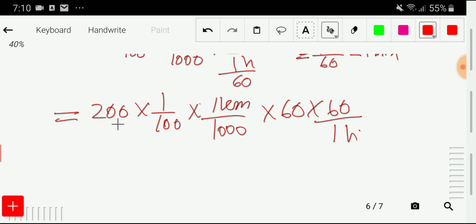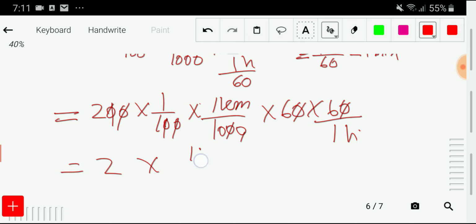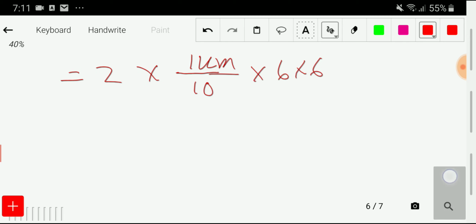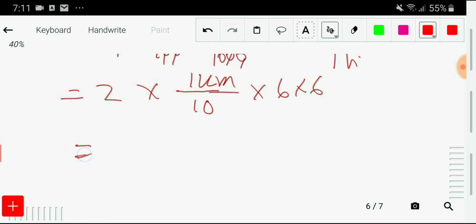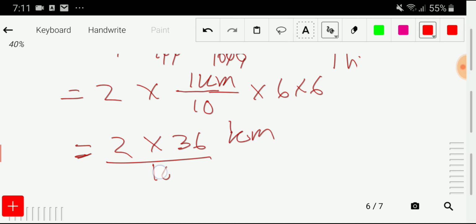Now this 0 and this 0 will cancel out. Then these 0s will cancel out too, and we are getting here 2 times 1 kilometer divided by 10 times 6 times 6, that is 2 times 36 kilometer divided by 10.